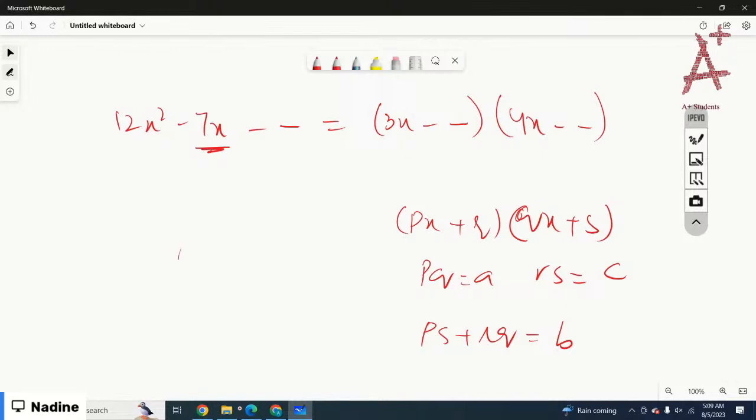Okay, so 12x squared, 3x and 4x make 12x squared, right? You have a missing number here.